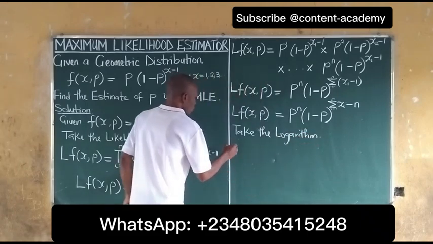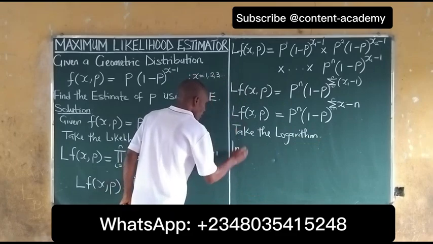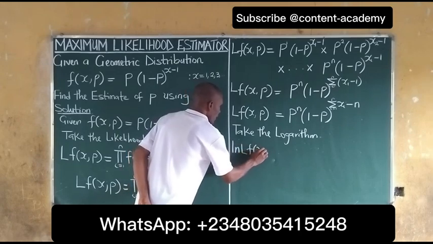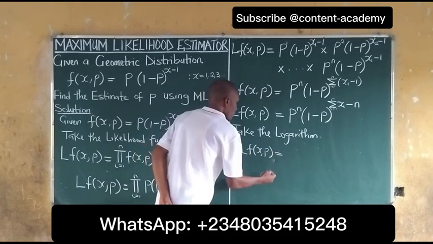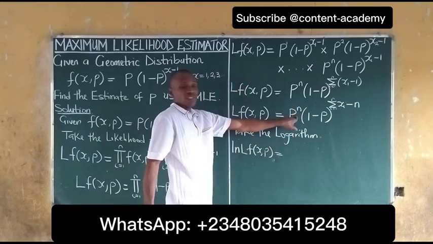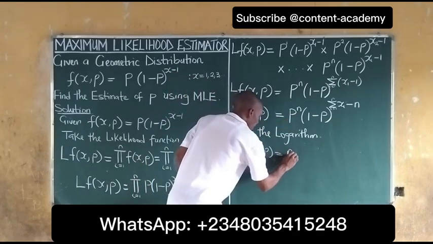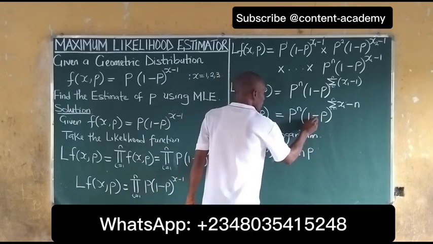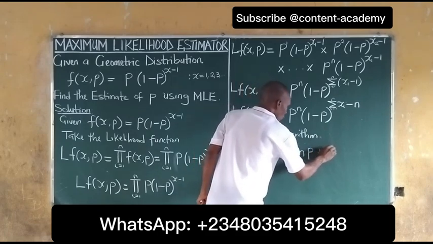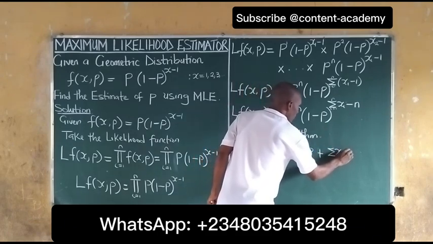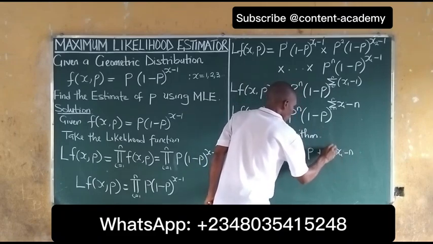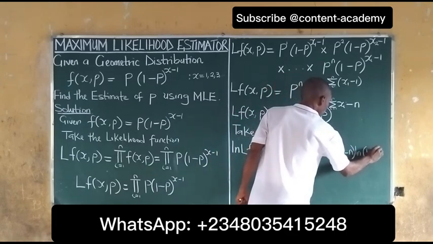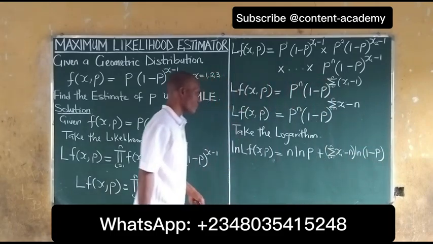Taking the logarithm of our likelihood function, we have n ln p, plus the summation of xi minus n, as i runs from 1 to n, times ln of (1 minus p). So this is what we get.